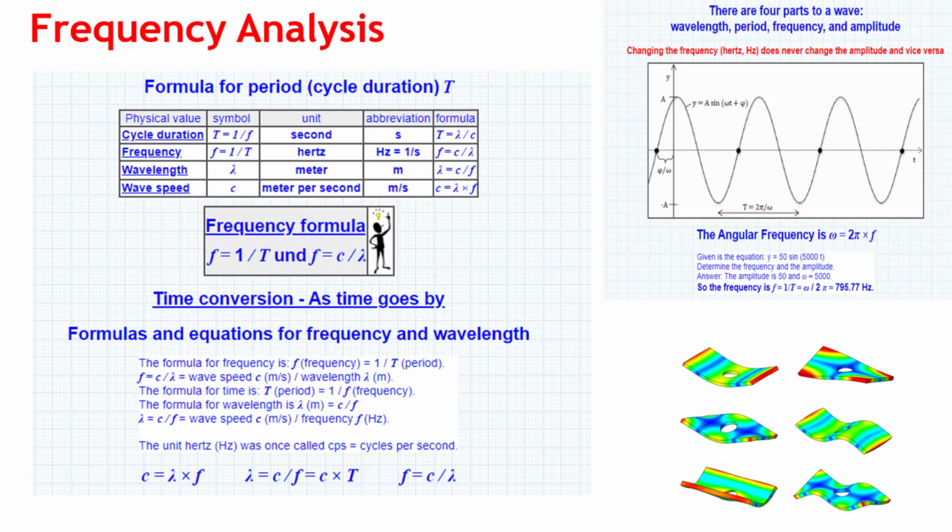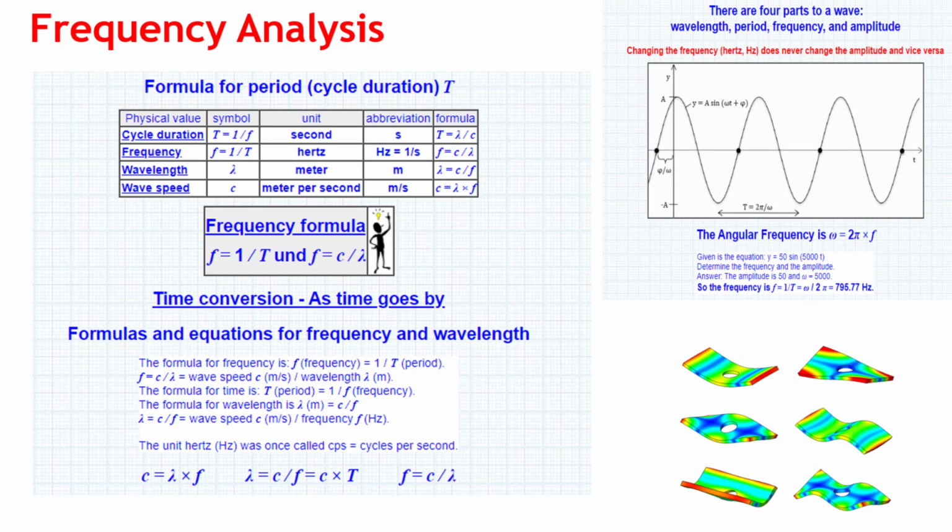So these are the formulas you could see. The frequency is equal to 1 divided by time period, that is frequency equal to c by lambda as well. Lambda is the wavelength in meters, frequency is 1 by T, measured in hertz, and T is the time period, that is duration in seconds.